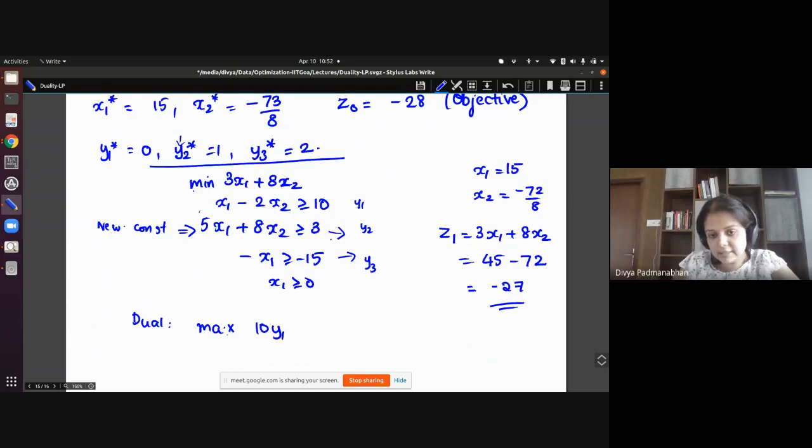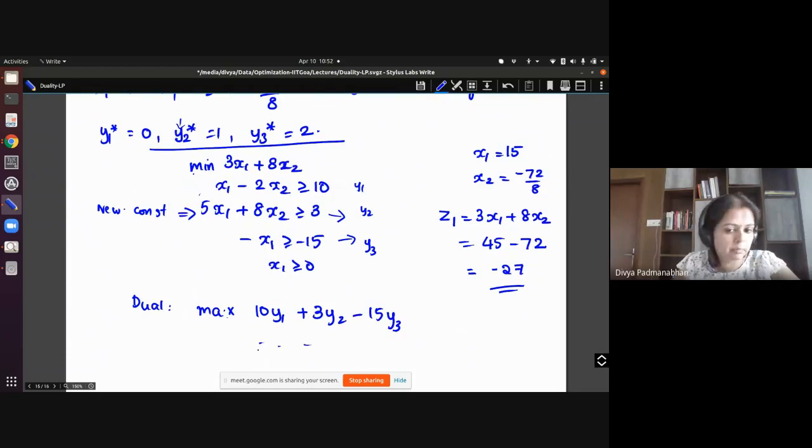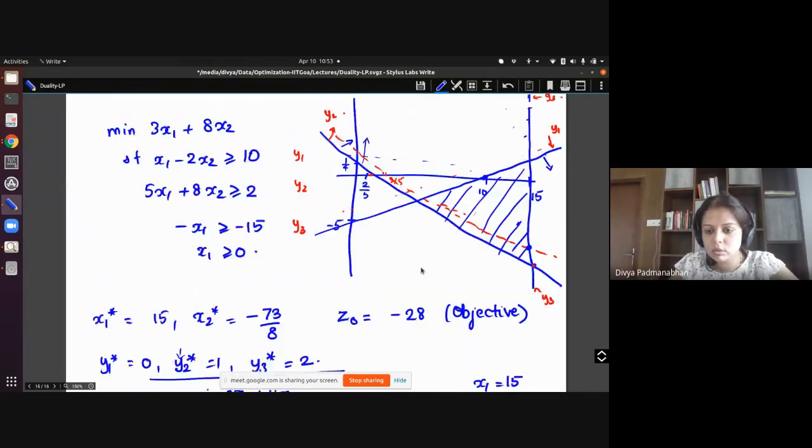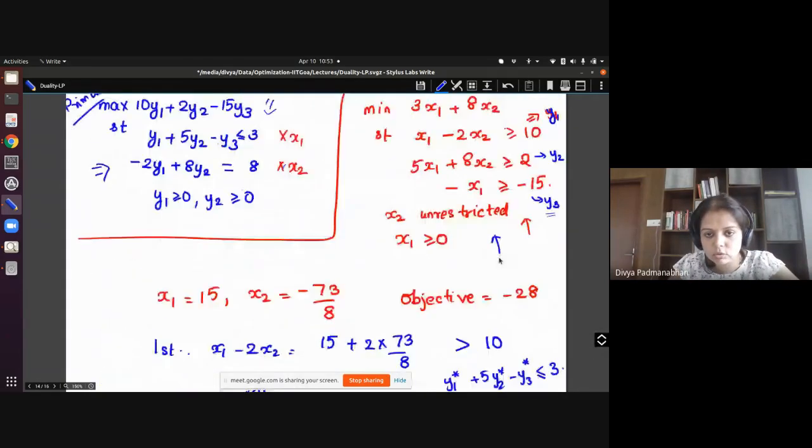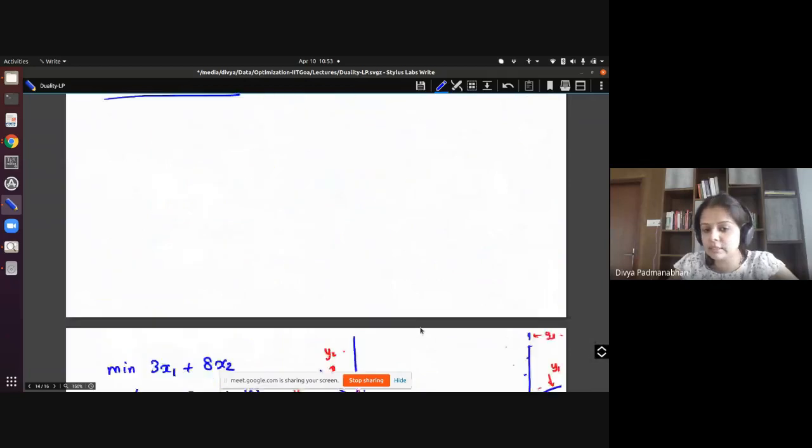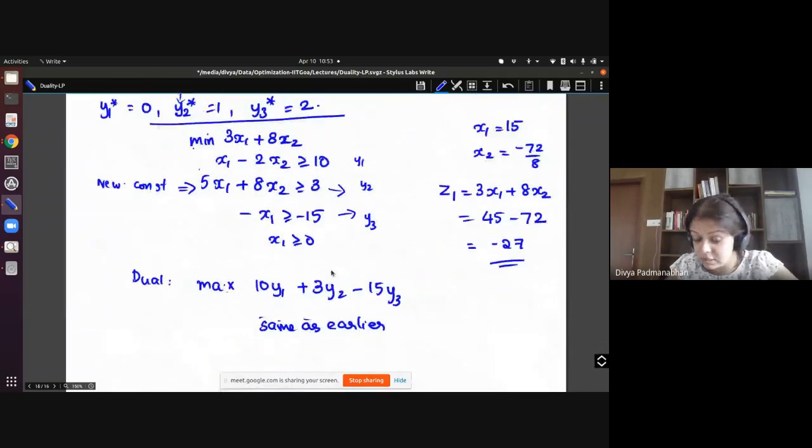Now, only the right-hand side changes, so this becomes 3 y2 and minus 15 y3. All other constraints remain the same as earlier, and only the objective is changed from 2y2 to 3y2.